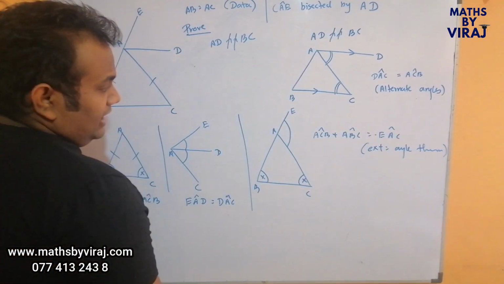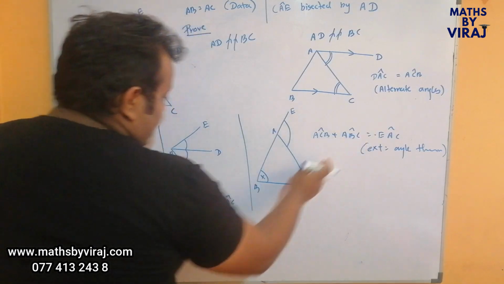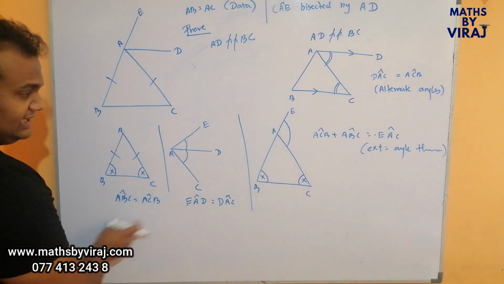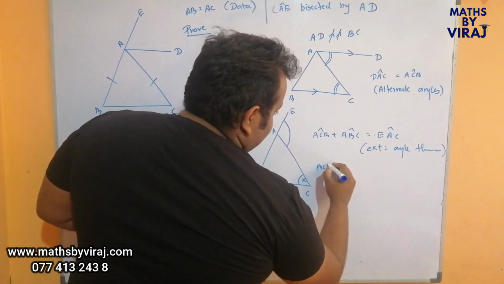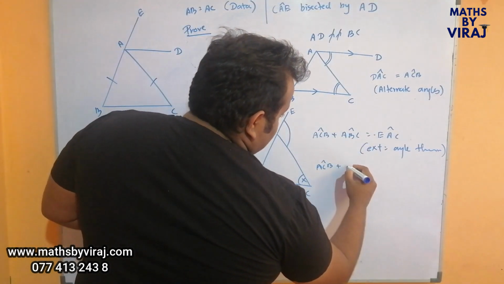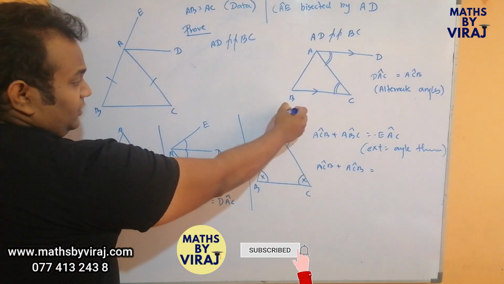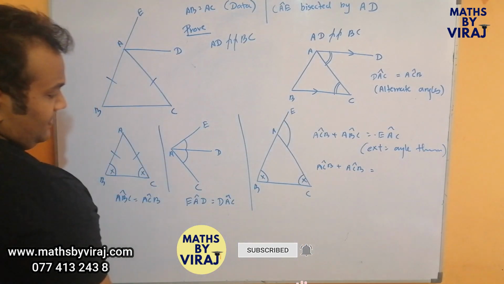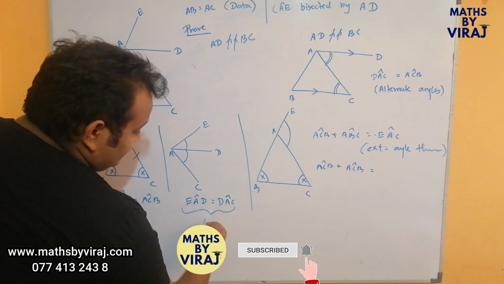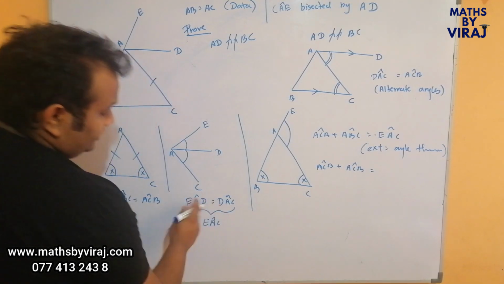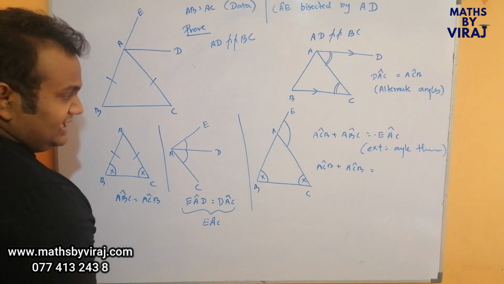So for short we write exterior angle theorem. Right. Now children, instead of ABC, I can write ACB, because they are equal. So ACB plus ACB is equal to, instead of the total angle EAC, this angle EAC is equal to the addition of the two angles EAD and DAC.